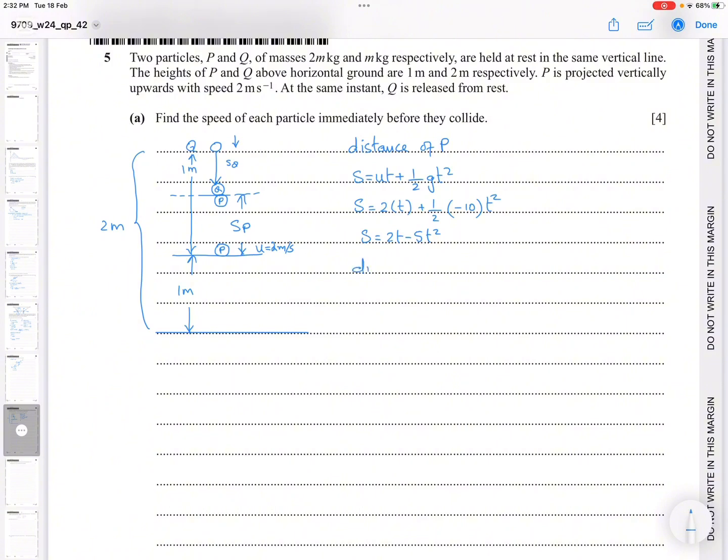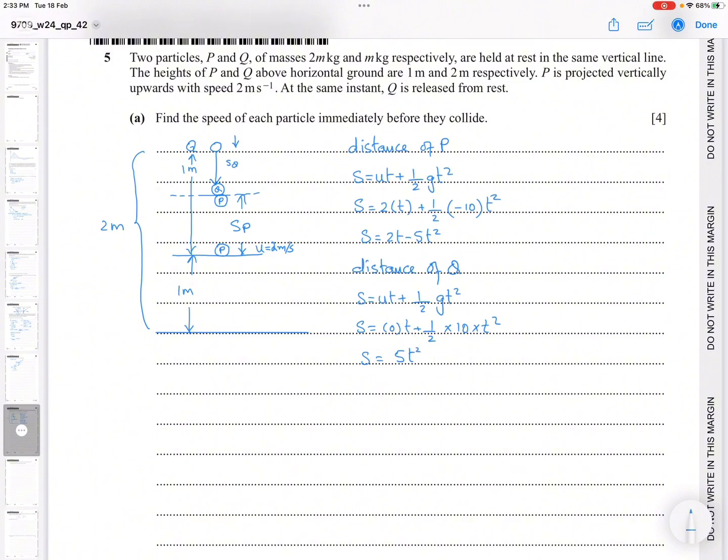Now distance of Q. Again use s is equal to ut plus half gt square. So s is equal to, my initial velocity is 0 for particle Q, plus half, my g is 10 and my t is t square. When I simplify it, I get s equals 5t square.